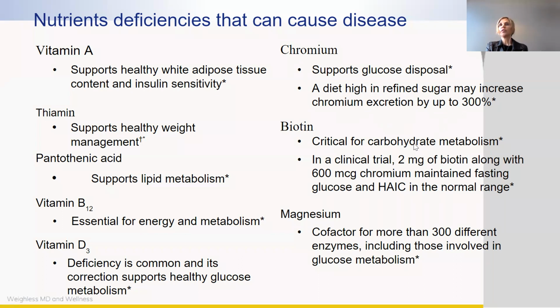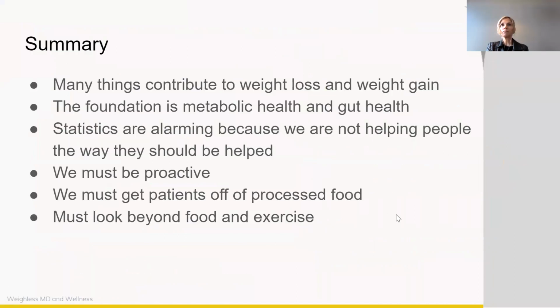Biotin is crucial, another B vitamin for carbohydrate metabolism, and magnesium. Every single person that I see, I put them on magnesium, vitamin D, not always B12, and then a B complex, every single one of them.